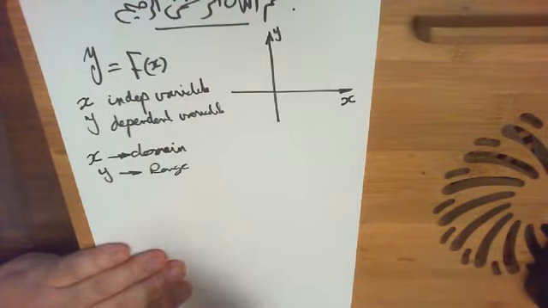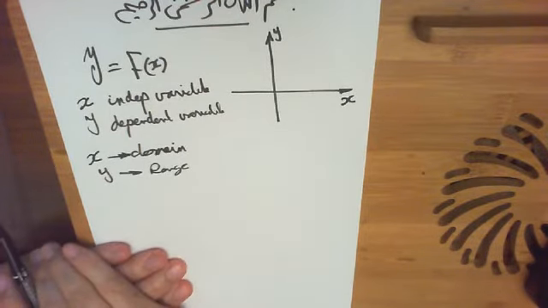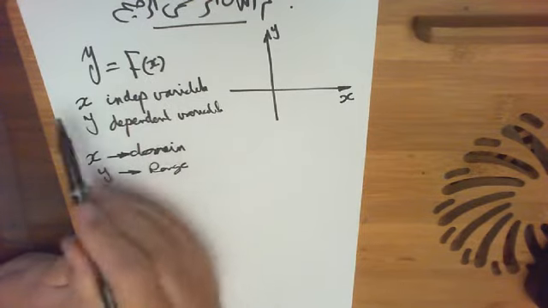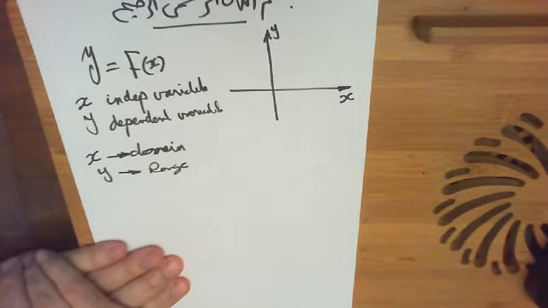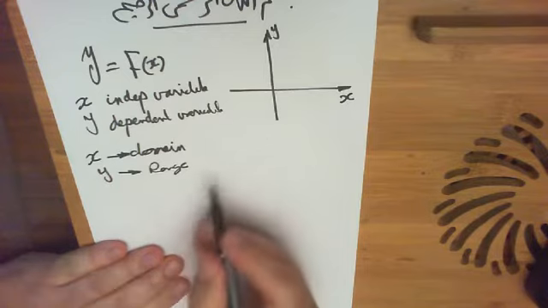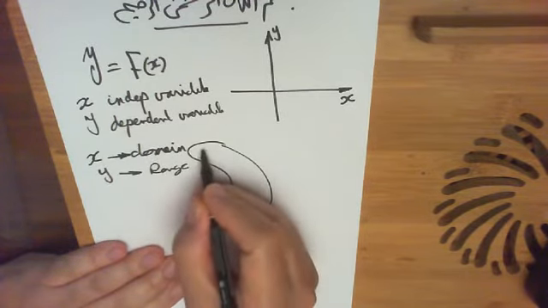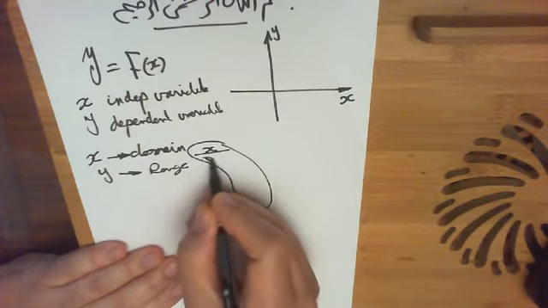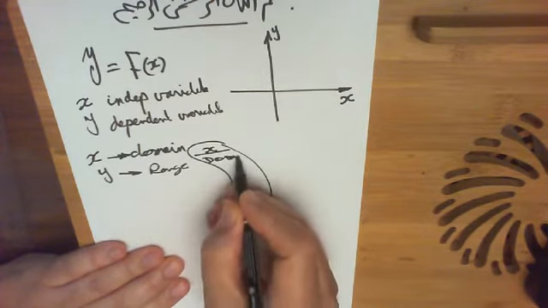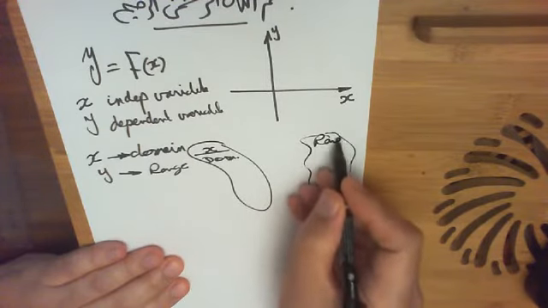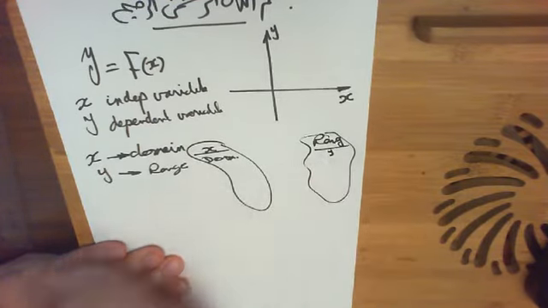To be a function, we must have for every value of x one and only one value of y, only one image. As you see, say this is the domain x, and this is the corresponding range, values of y.